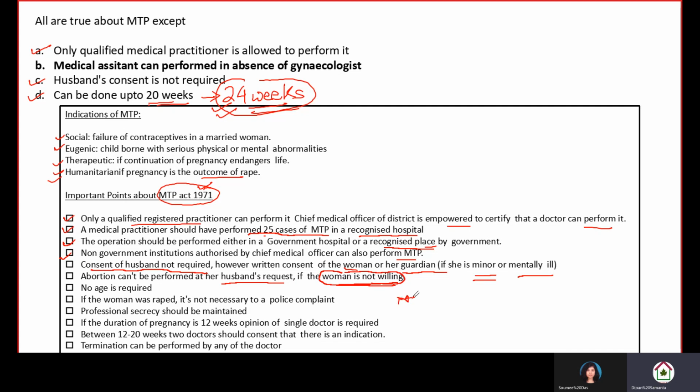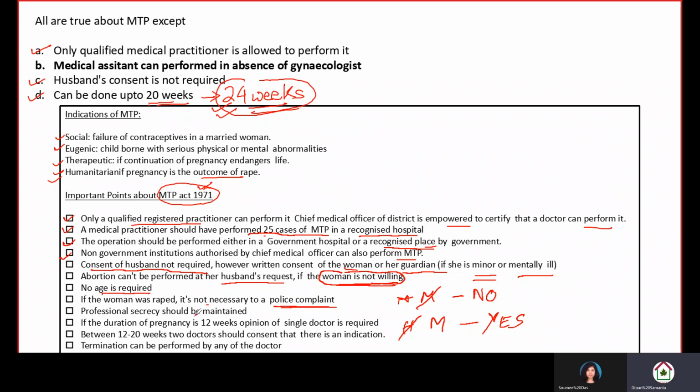If the husband is interested but the mother is not, then no MTP. If the husband is not interested or does not even know, but the mother is willing, then yes, MTP. No age is required. And if the woman was raped, it's not necessary to take a police complaint even.